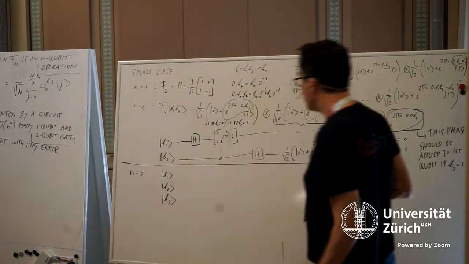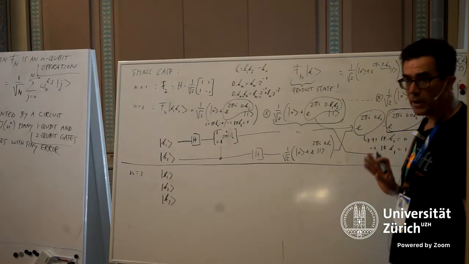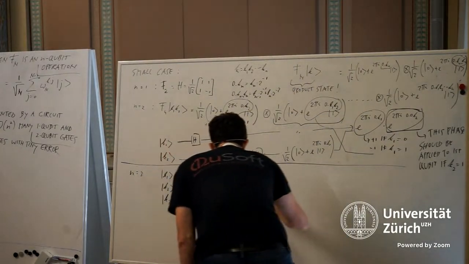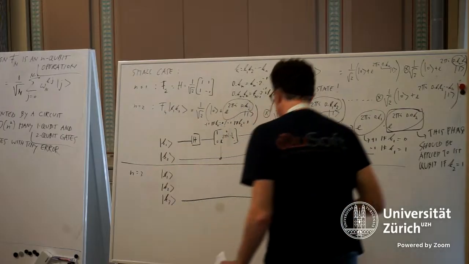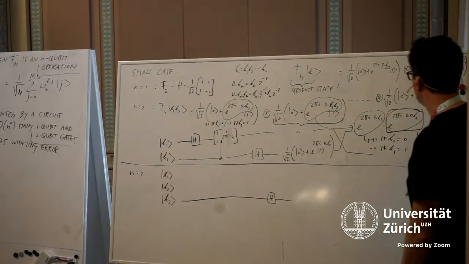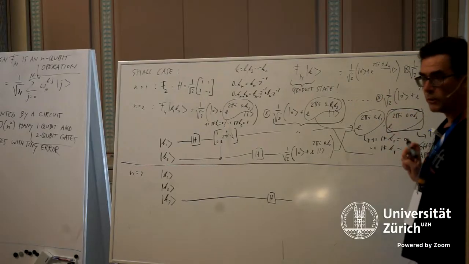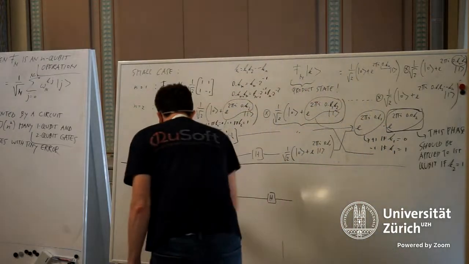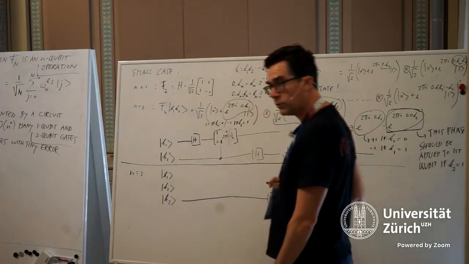The simplest of the 3 qubits that we want to prepare is really just a Hadamard gate applied to K3. I'm going to do it like this. This is going to produce the first qubit of the product state that we're trying to produce. This, of course, is not enough. Now we also want to get the middle qubit correct, and that's going to look very similar to this structure.